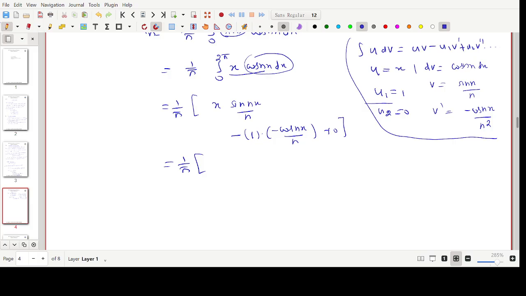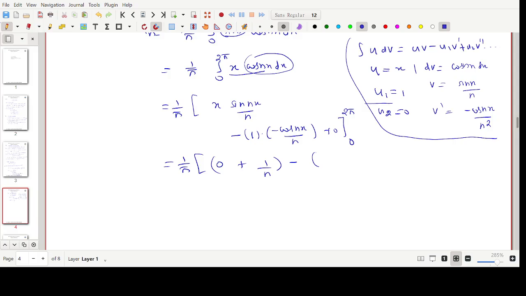Now what are the upper limit and lower limit? Substituting the upper limit, when I substitute x as 2 pi, sin of any multiple of pi is 0, so I am getting 0. What about here? Minus minus plus, cos of an even number of pi is always 1, so I get 1 by n. That is the upper limit value minus the lower limit value.